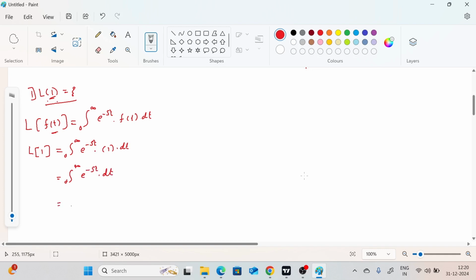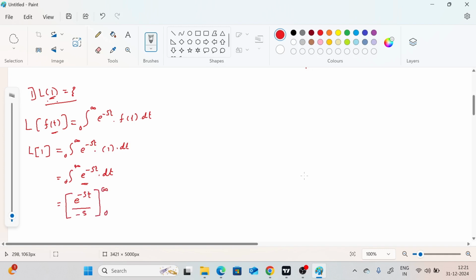Now, integration of an exponential factor we learned as basics in our 11th and 12th standard. So we will integrate e raised to minus st: e raised to minus st upon minus s, with limits 0 to infinity.